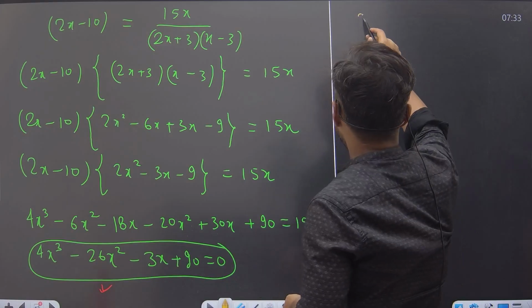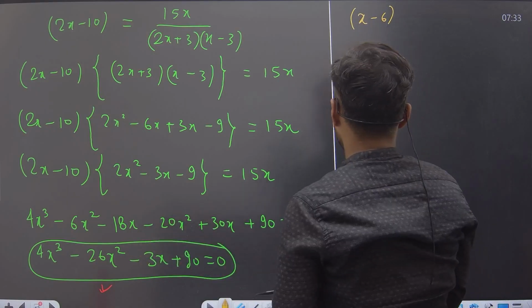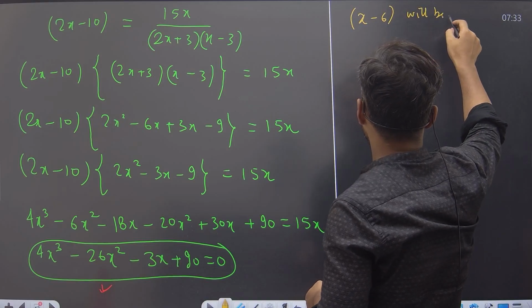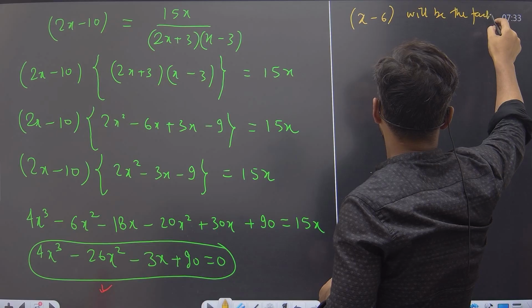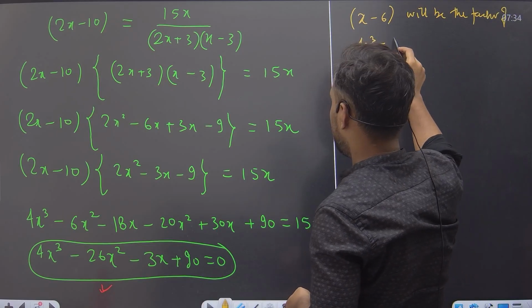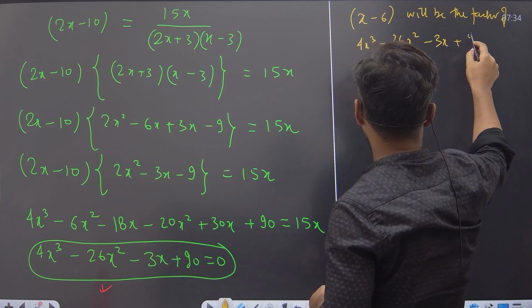So x minus 6 will be a factor of this particular equation, 4x cube minus 26x square minus 3x plus 90.